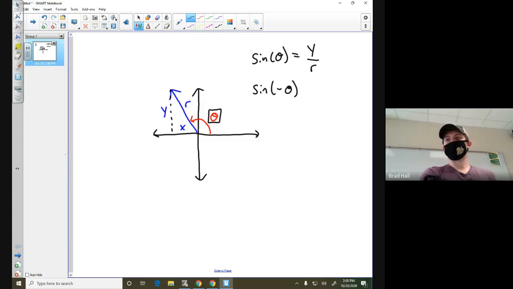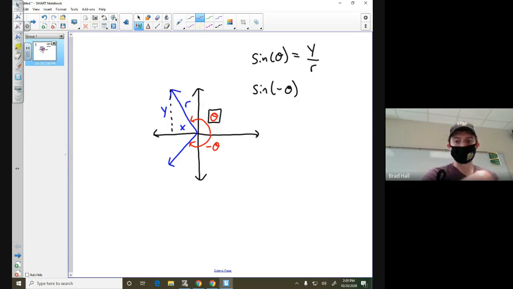And so for an angle to be completely negative, negative angles go in a clockwise direction. So in a clockwise direction, the angle would go out to here. That's what happens whenever you look at a negative angle. You go in a negative or a clockwise direction.